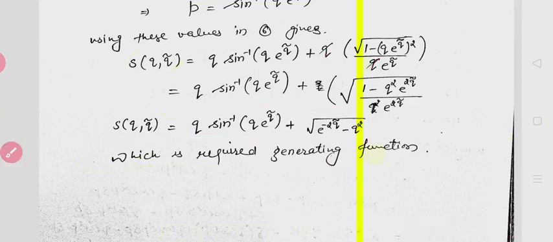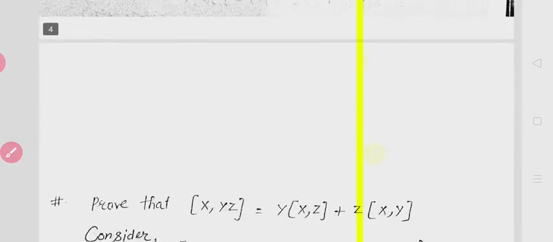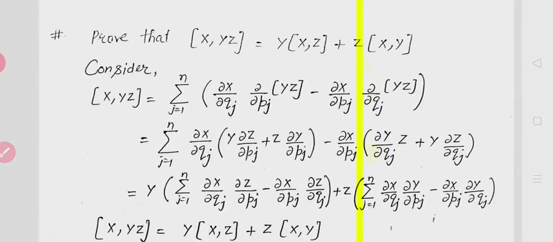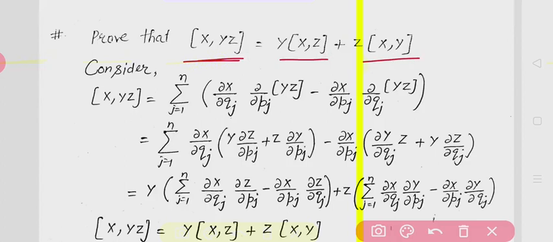Right. Now there are some properties for the Poisson bracket that we have left before. The Poisson bracket of x with yz will be equal to y into Poisson bracket of x, z plus z into Poisson bracket of x, y. Right, where x, y, z are functions of the Hamiltonian variables t, q_i, p_i.